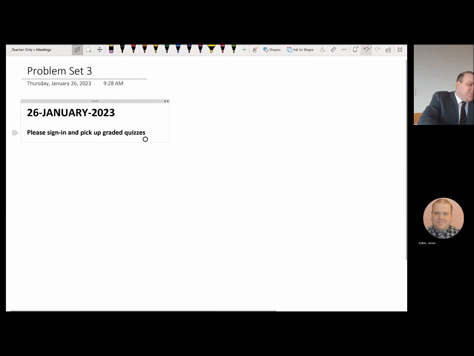To calculate the cross product, we set up a 3x3 matrix. First row is the standard unit vectors, second row is the first vector, third row is the second vector, and you calculate its determinant.